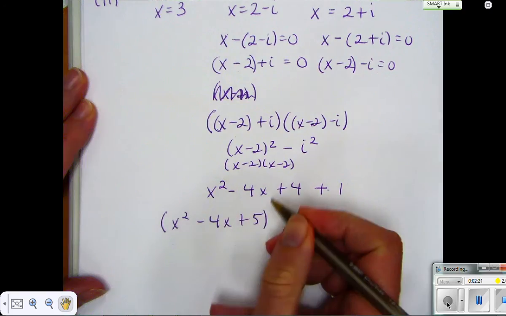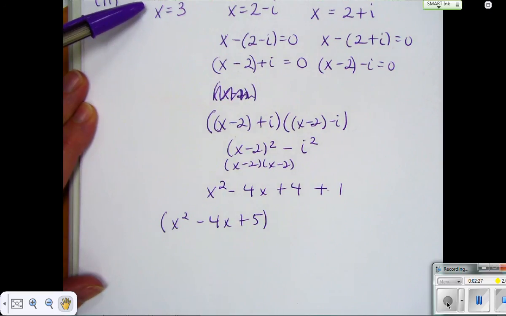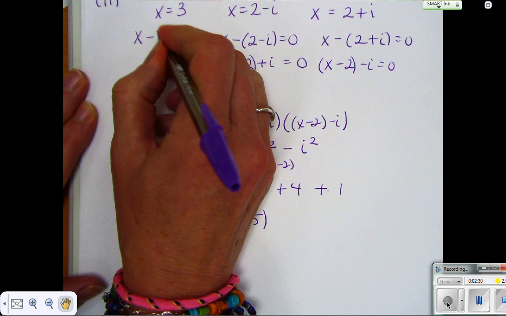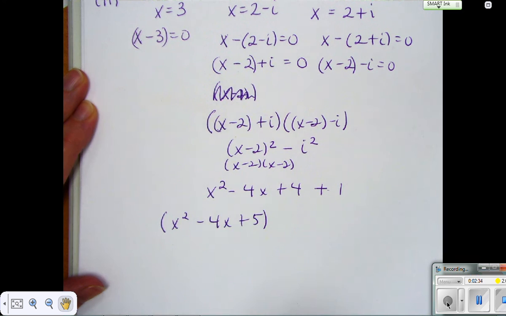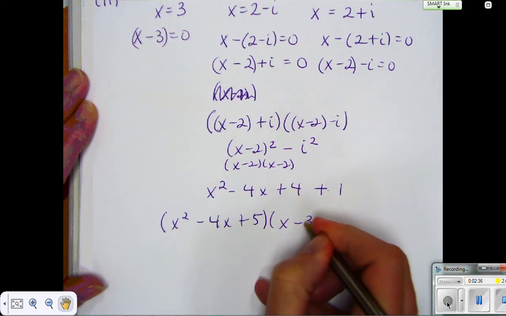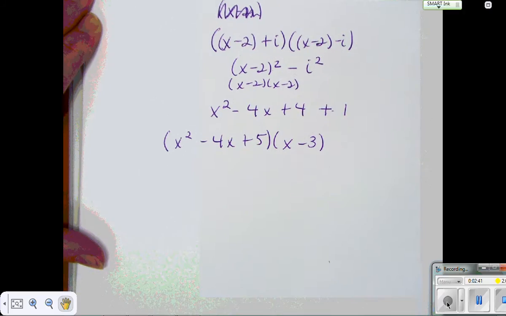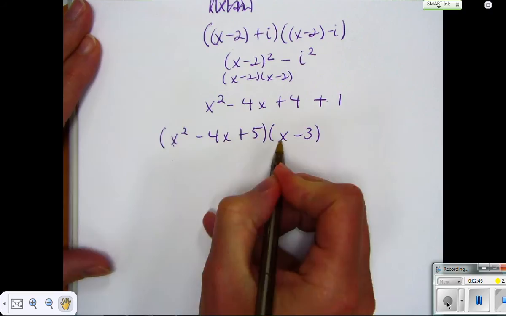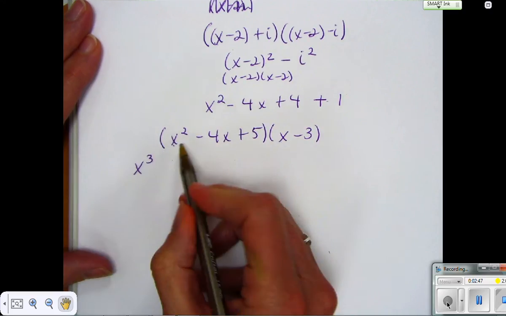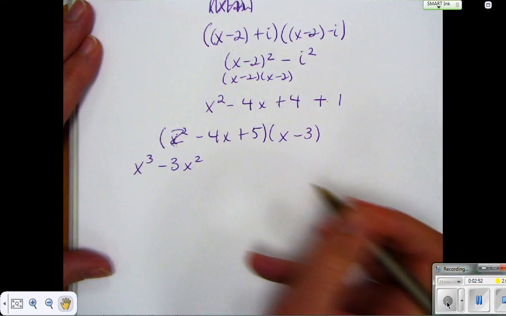And now I'm ready to multiply it by this other root where x equals 3. If I set that equal to 0, then x minus 3 equals 0. x minus 3 is the last binomial. So I'm going to multiply by x minus 3. We're just going to be very slow and methodical to do this so we don't mess up. x squared times x is x to the third. x squared times negative 3 is negative 3x squared, so I'm done with that first term.